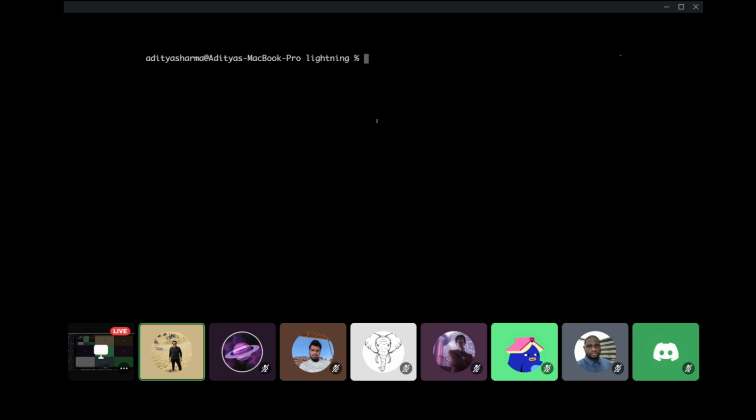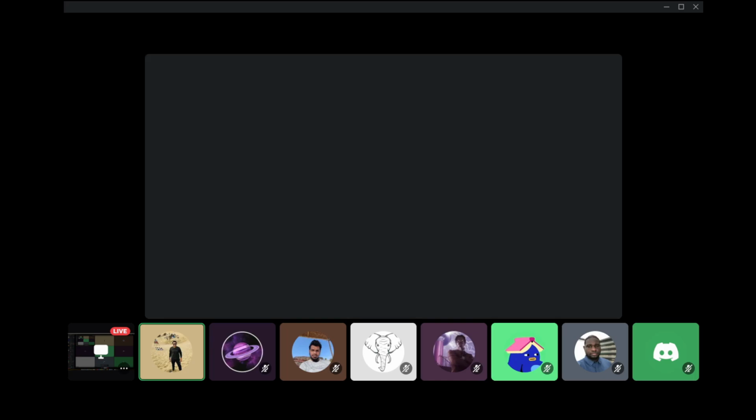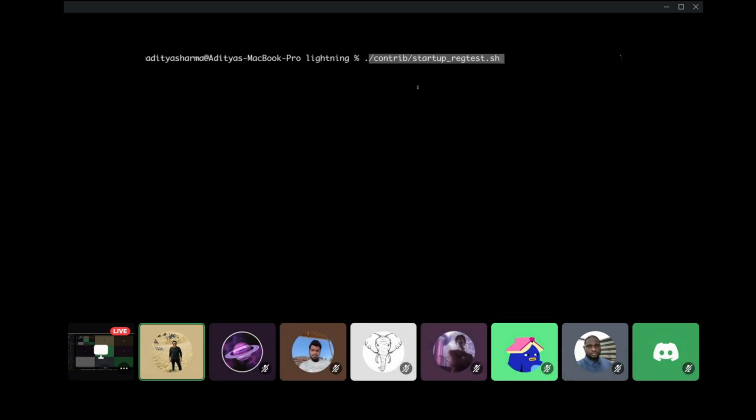For those of you who are new joinees, it's inside this repository: contrib/startup_regtest.sh. When you install the Core Lightning software, this is where you can run the shell script to host your nodes on your local machine.